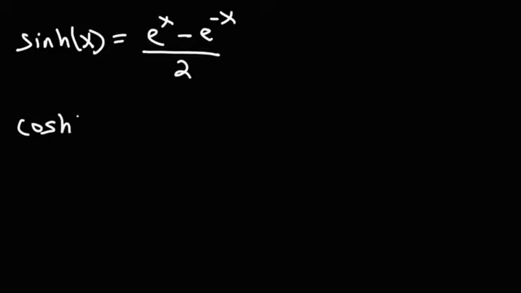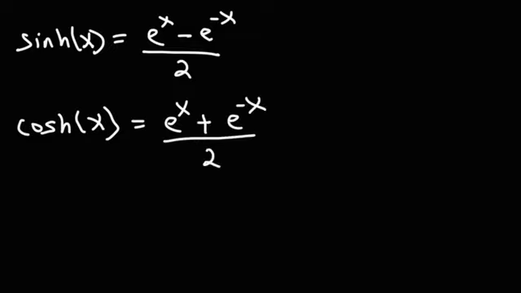Now, hyperbolic cosine, it's very similar to hyperbolic sine. The only difference is we're going to change the minus sign to a plus. So it's e to the x plus e to the negative x divided by 2. So you may want to write these down because we'll be using these formulas a lot in certain practice problems.